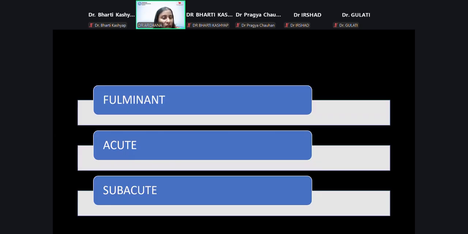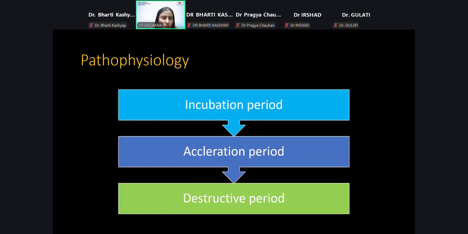The talk is to salvage the eye and the life of the patient, because this is really fulminant and tends to spread, causing panophthalmitis and even orbital cellulitis. Next is acute, which is within 4 to 12 days, and subacute, which is from 12 days to 6 weeks.